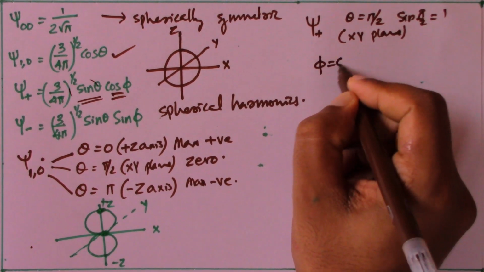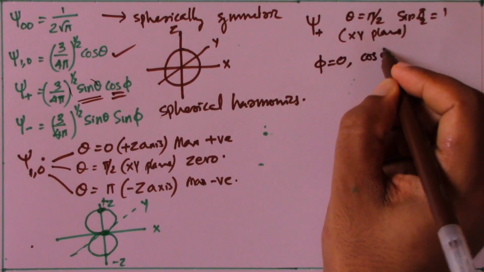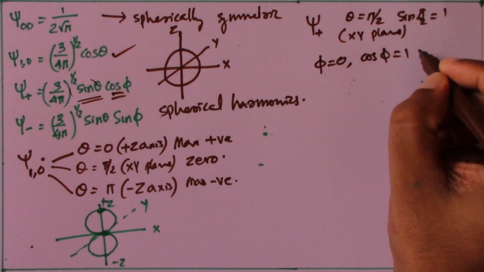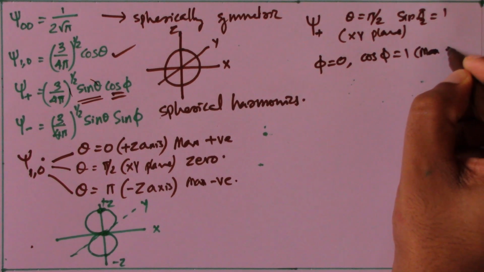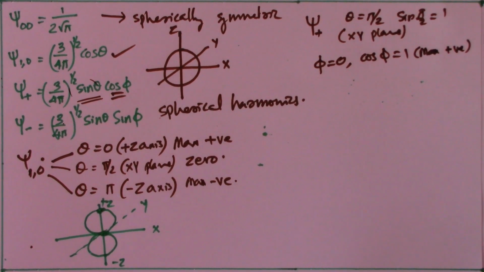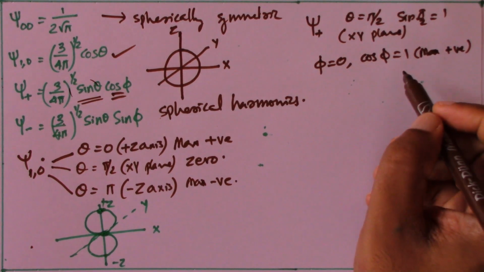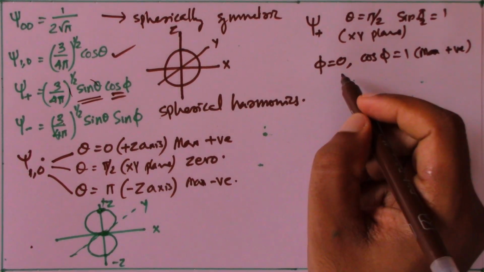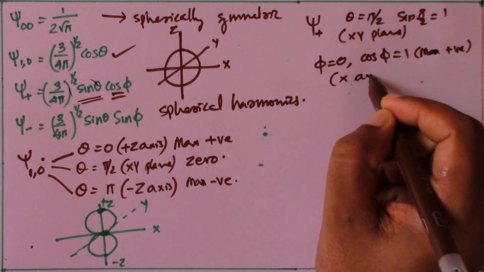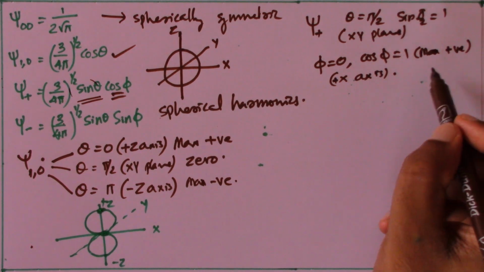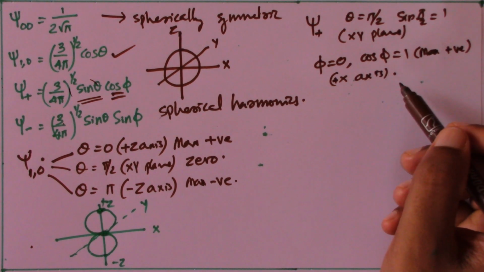Means when phi is equal to 0, cos phi is equal to 1, and then there is a maximum positive value in terms of phi. And that is along the x-axis. Phi is equal to 0 means it is the plus x-axis. So in the plus x-axis, it gets this maximum positive value.